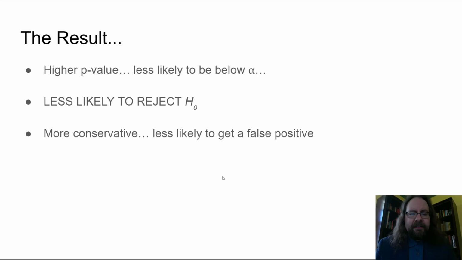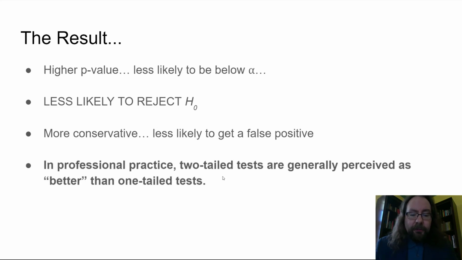So because we're less likely to get a false positive, and like we said before, because non-directional tests feel less biased, they feel less like we're assuming the results will go in a certain direction, in professional practice, two-tailed tests are generally perceived as better than one-tailed tests. I put better in quotation marks only because that's really a subjective interpretation of these points.